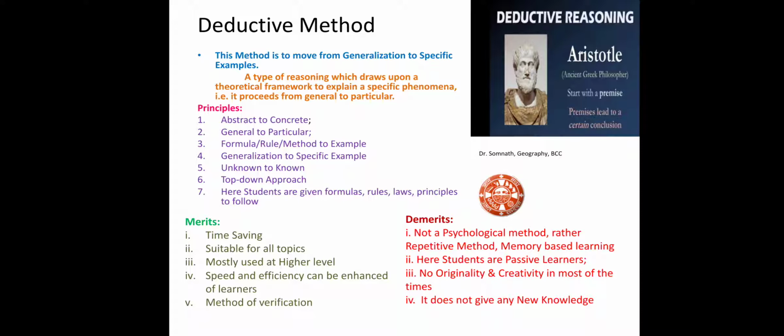It is a top-down approach. From top to down, we can proceed with the explanations. Here the students are given some formulas, rules, laws and principles to follow. For example, in statistics, we have correlation, and in correlation we are using Karl Pearson's method.